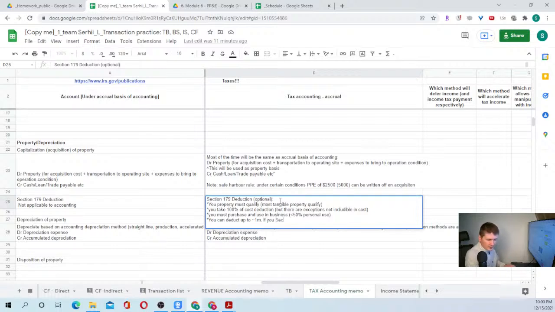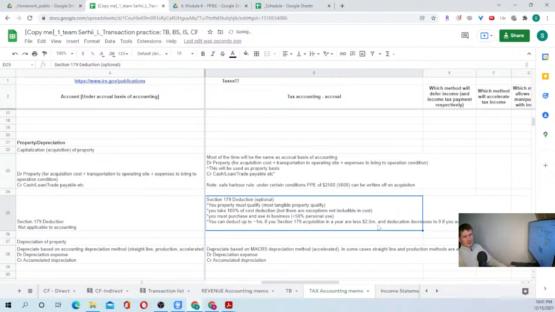If your Section 179 acquisitions in a year are less than 2.5 million, and the deduction decreases to 0 if you acquired more than 3.6 million.